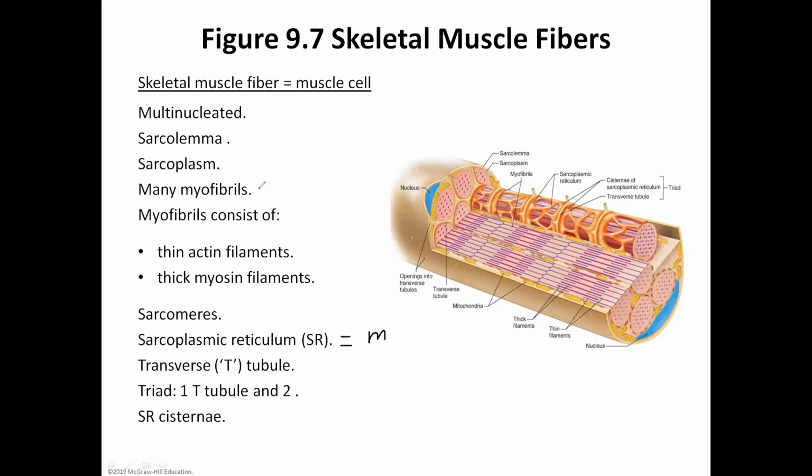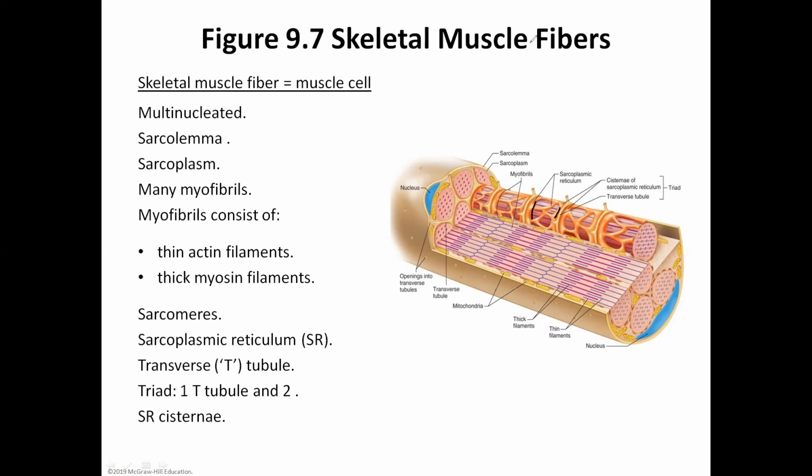So imagine that this is really like a modified smooth ER when we actually see it. But it has a sarcoplasmic reticulum, and we can see this right here. This is the sarcoplasmic reticulum. Now what happens is there's all these tubules that are kind of combining together. So we're going to see that we have the sarcoplasmic reticulum in this orangey color.